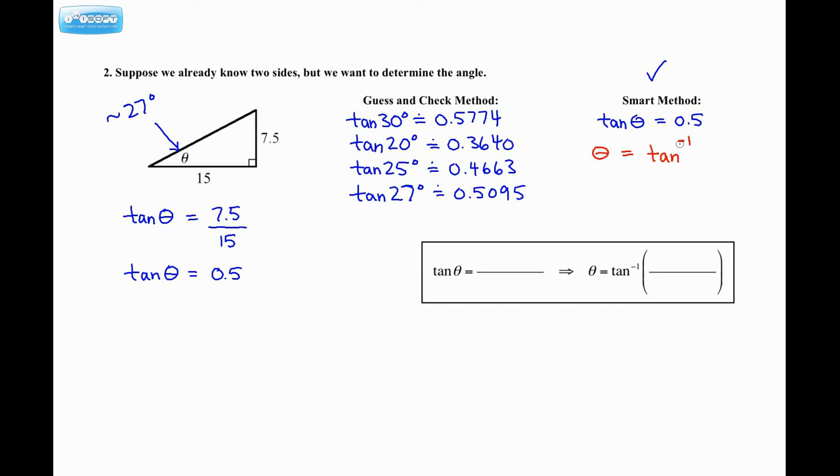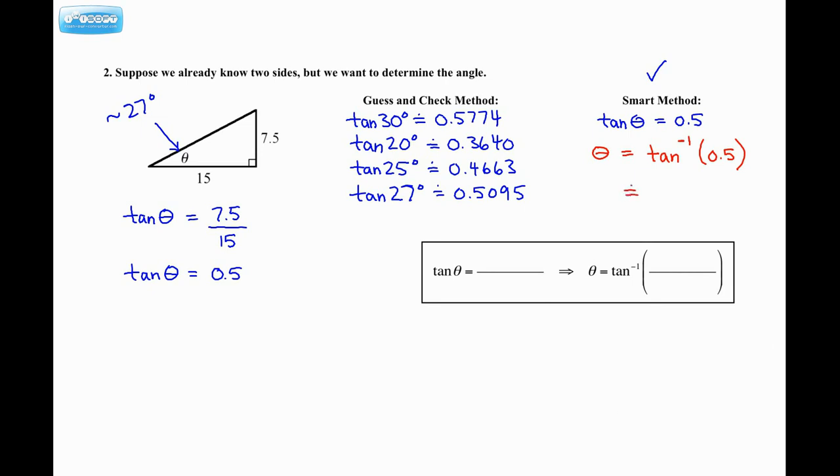Don't think of this as a power of -1 of 0.5. Okay, so it's like this, but backwards. And if you look at your calculator, if you see your tan button, look directly above it. You should see a tan with a little -1. So, yay! Those are built into the calculator as well.